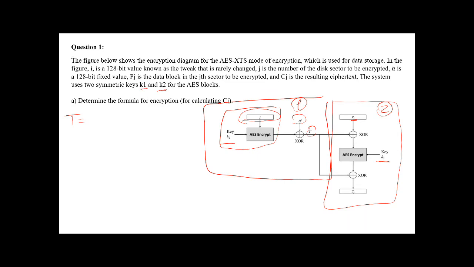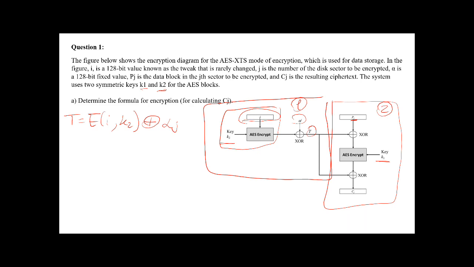So what is this? It's an encryption block. E of I. It encrypts I using K2. Then we XOR it with alpha J. Just as simple as that.